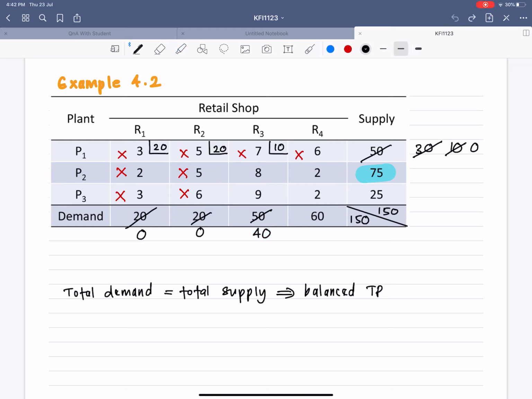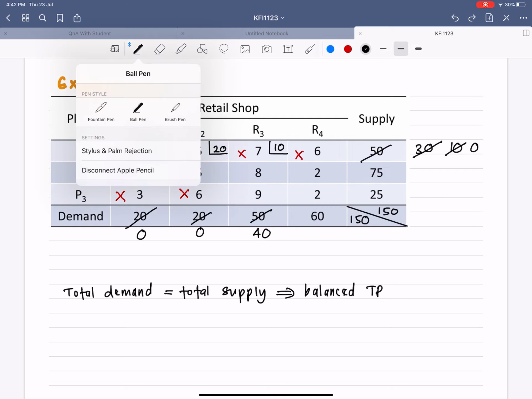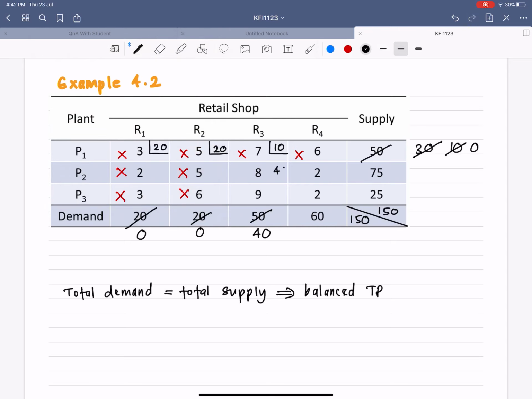So 40 here. 40 minus 40 is 0, and then 75 minus 40 is 35.